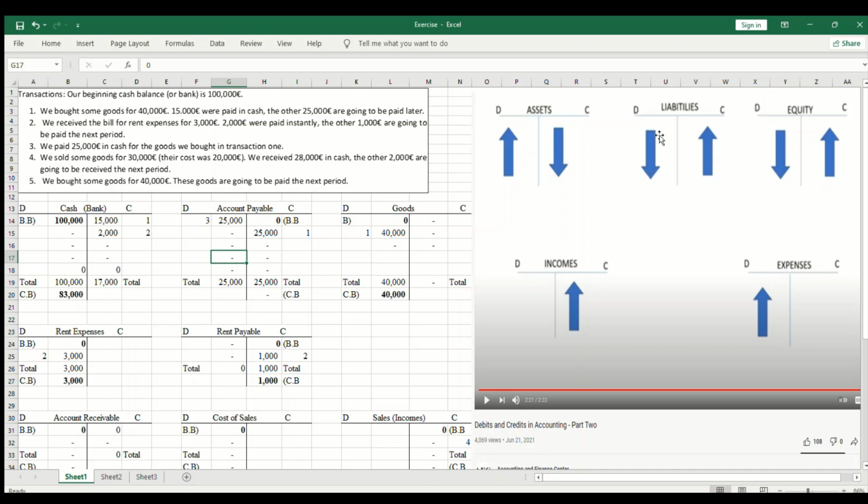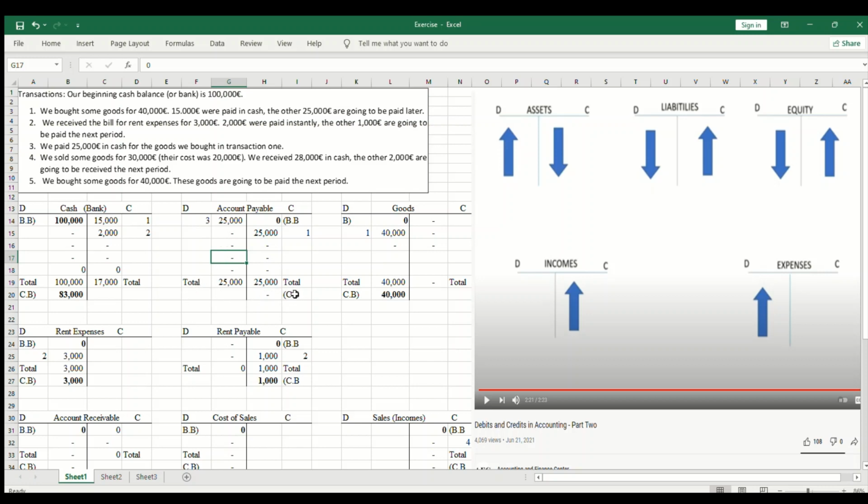Okay, let's go and explain it with the rules. So liabilities, as we see here, are decreased on the debit side and increased on the credit side. So since liabilities in these transactions are decreased, we have to debit liability for 25,000 euros. Now we don't have any liability.